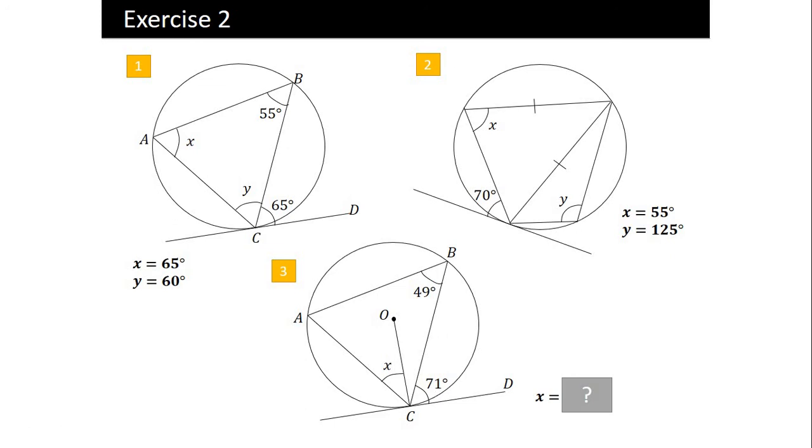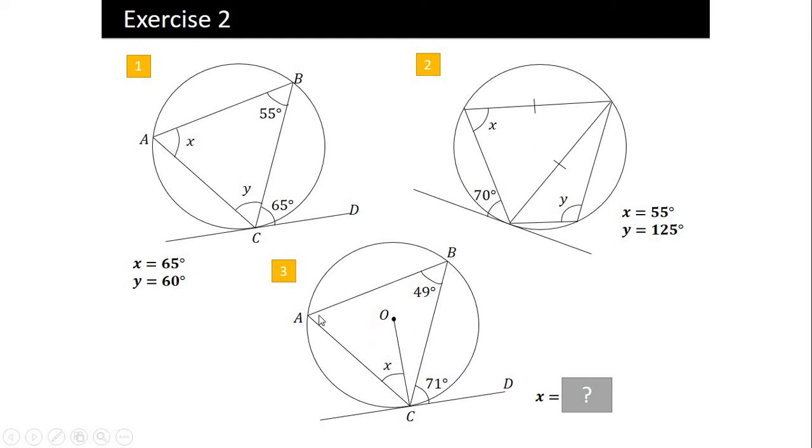Now for question number 3, this was a little bit naughty because I don't really think we need the alternate segment theorem here. If we were to draw this line in here, then we would have an isosceles triangle. We also know that the angle at the centre is double the angle at the circumference.